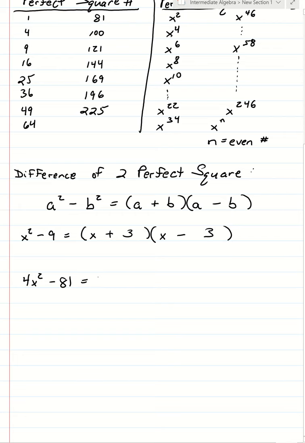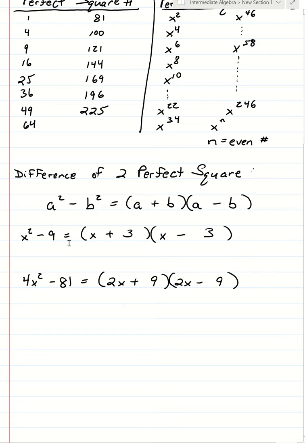So I'm going to look to now factor this down. I'm going to set up my parentheses. Factors of the 4x squared would have to be 2x and 2x. According to the formula, I need to put one plus, the other minus. And what would I have to square to get 81 but the number 9? So I need a 9 and a 9.